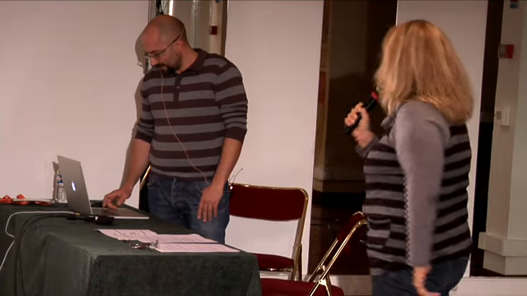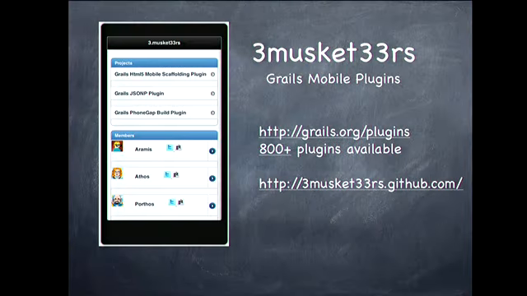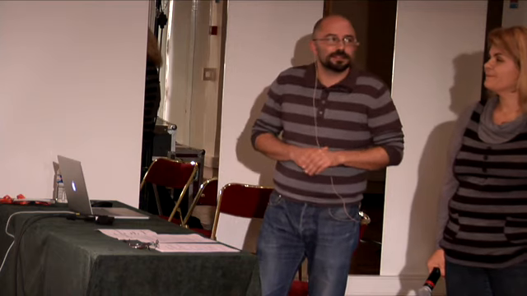So Fabrice, tell me about the Three Musketeers. Who are those guys? So we are three people working in the evening on open source development. We try to build basically plugins for web development and mobile development. Grails has around 860 plugins available.